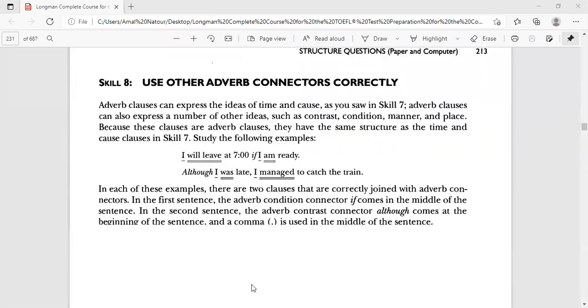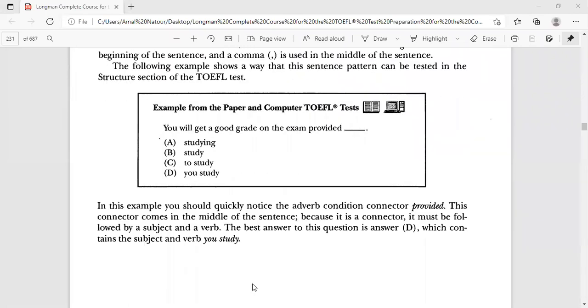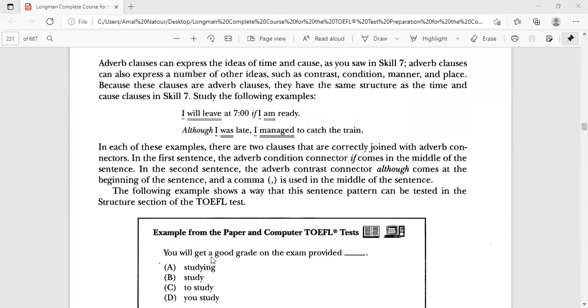If we look at this example: you will get a good grade on the exam provided.